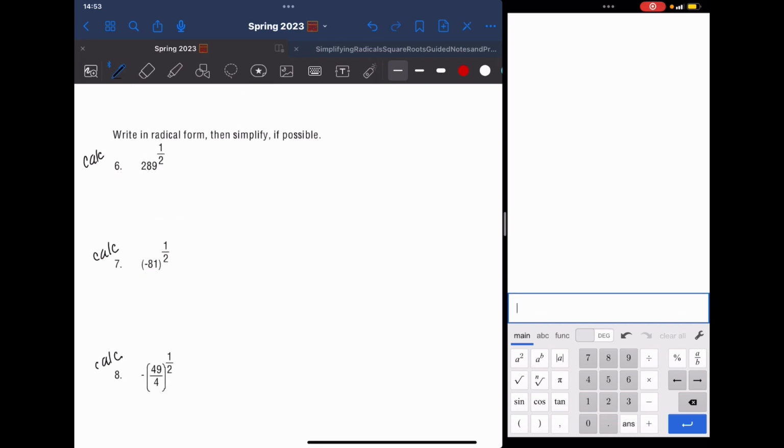Now use a calculator for numbers 6, 7, and 8. So I have 289 raised to the 1/2 power. And that's going to be 17.